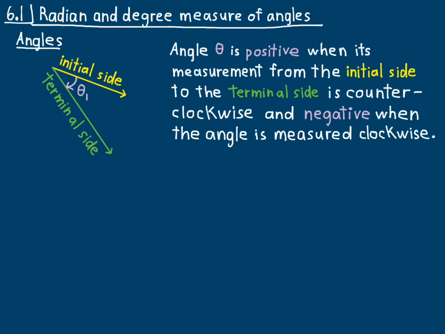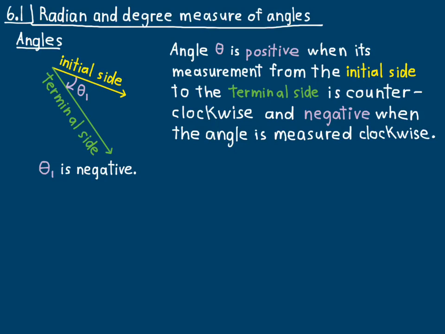That is, going from the initial side to the terminal side clockwise is negative. The one I've shown in my illustration here is a negative angle. So my theta sub 1 is negative because I'm measuring it clockwise.